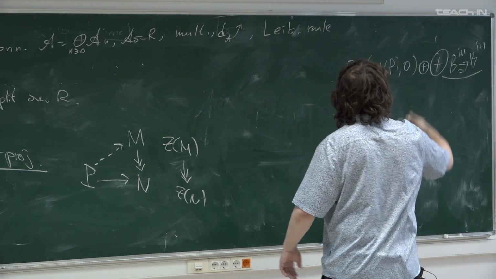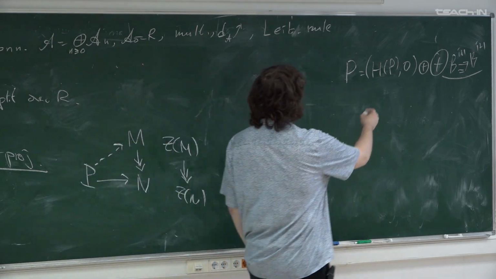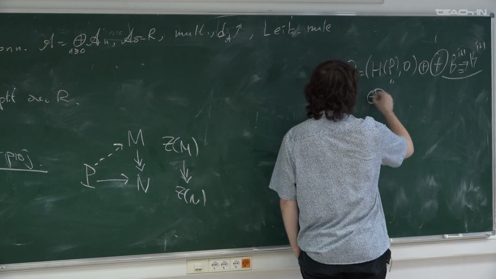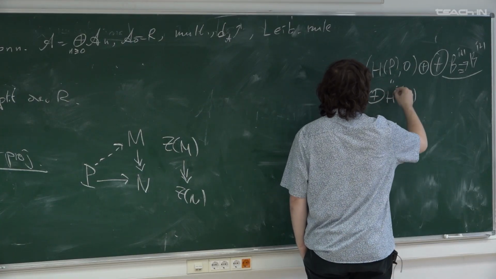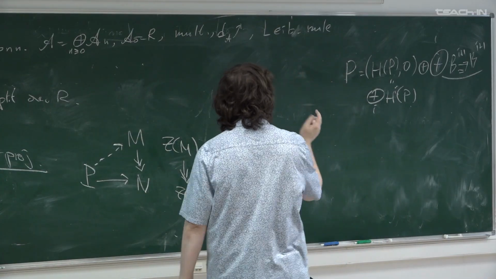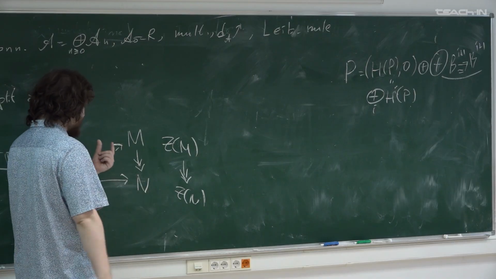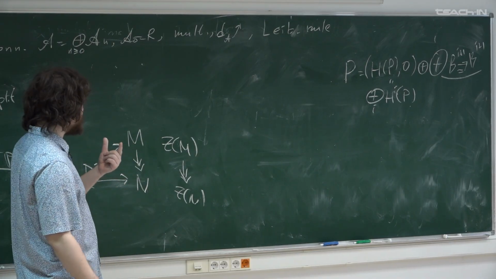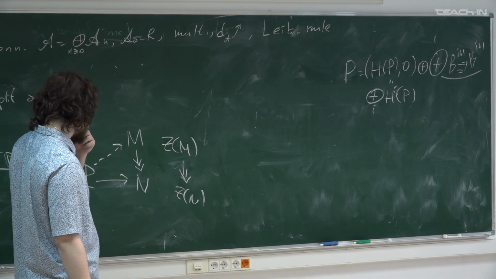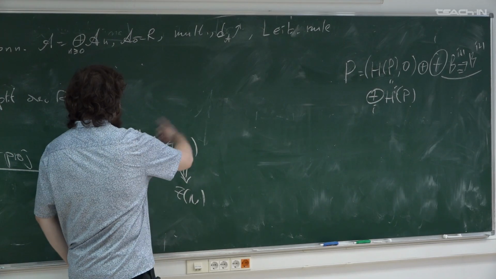For this situation, it's more or less obvious. HP is just a direct sum of HP in each dimension with zero differential. So you need to check that if you have a chain complex in only one dimension, consisting of cocycles with zero differential, then it follows from the surjectivity on cycles.